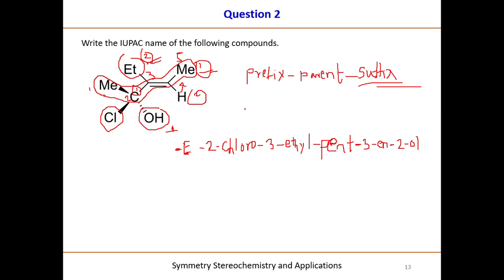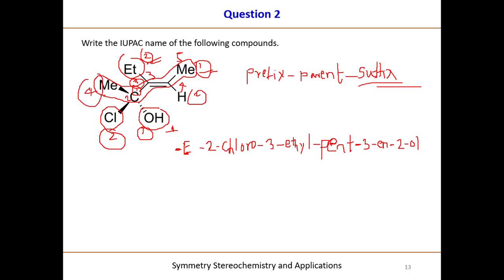So here the first priority will be given to the hydroxy group. It's the highest priority functional group present in the molecule, and the second priority will be given to this chlorine atom, and the third priority will be given to the whole group present here, and the fourth one will be given to this methyl group.